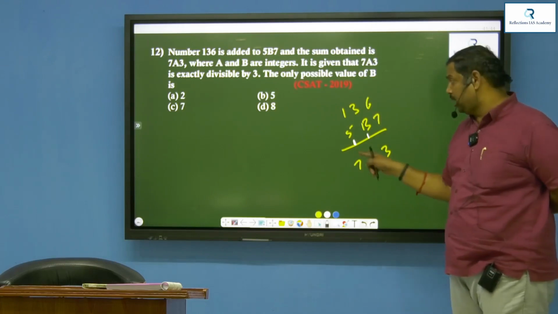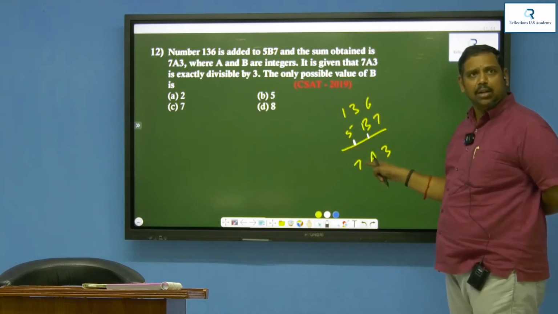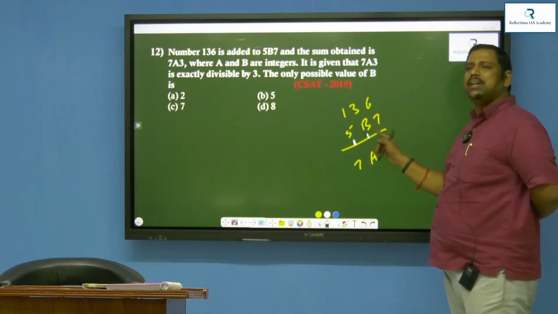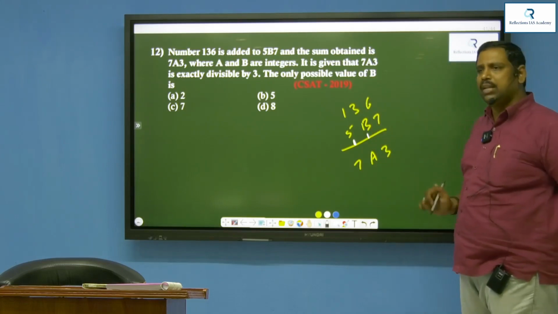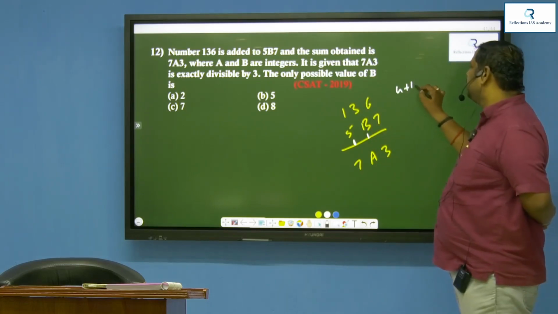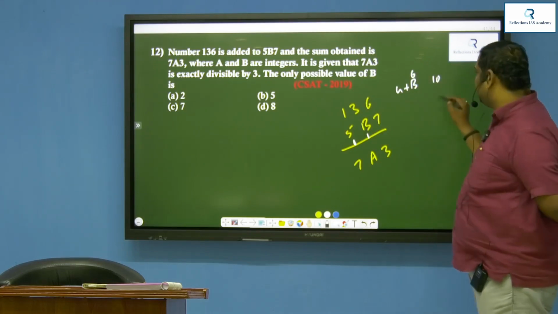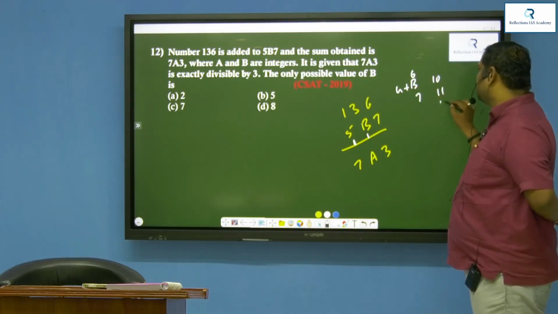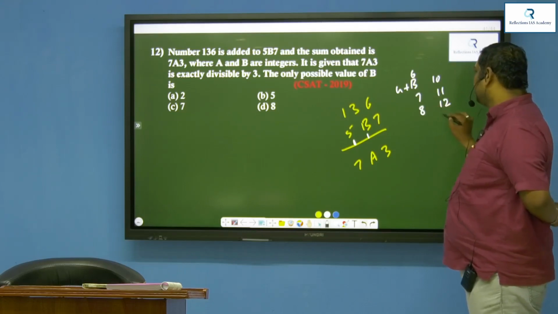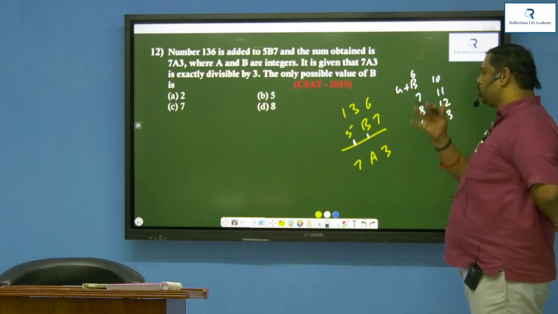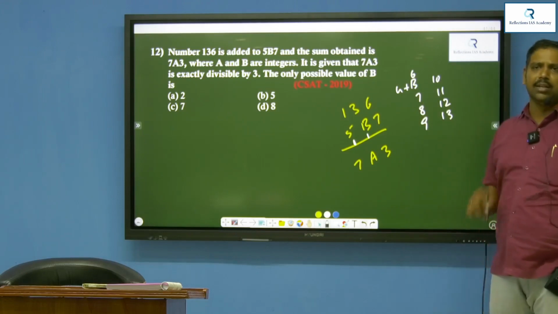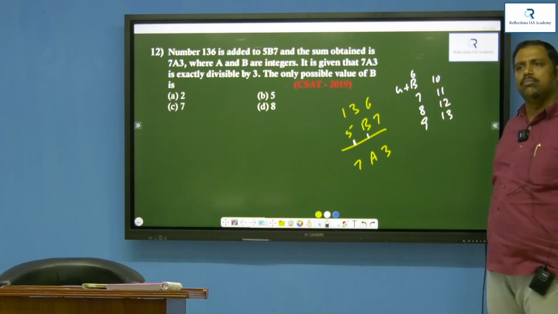If it is less than 10, no carry. So carry is mandatory. Means 4 plus B is 10 or more. 4 plus B can be 10. 10 means B is 6. 11 means 7. 12 means 8. 13 means 9. No need to check the remaining because it will be 10, and 10 is not a digit. These are the possible values of B.